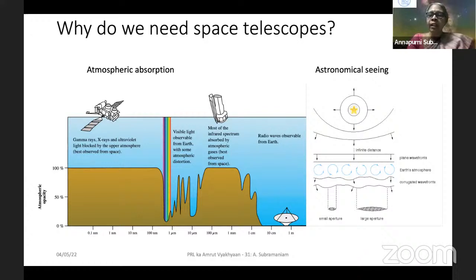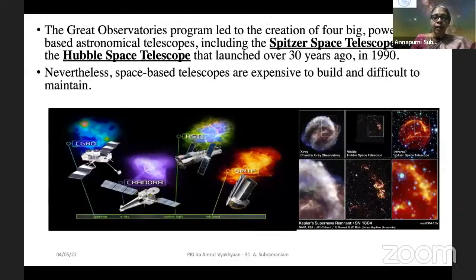So you need to cover larger wavelengths to understand the physical processes going on in various objects, from young stellar objects to star formation, to AGN, and so on. So you need to cover the ground and the space together to get a comprehensive understanding of the physical processes and the universe.